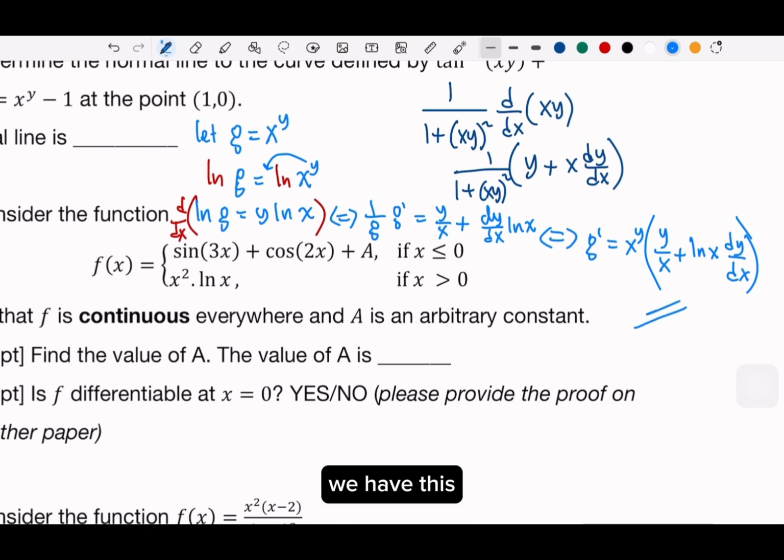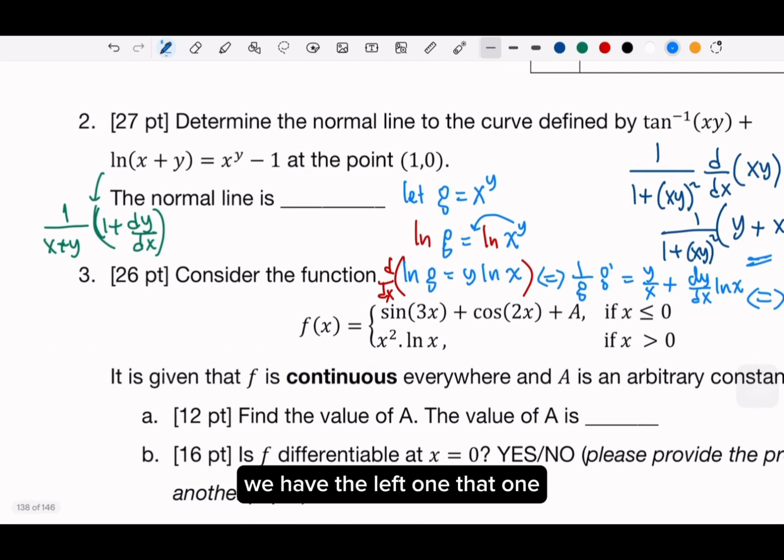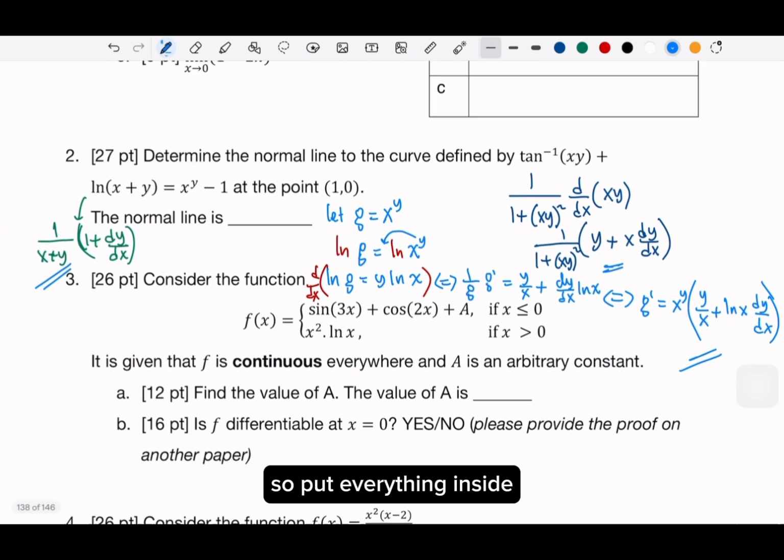So we have this, we have this, we have the left one there, that one. Okay. So put everything inside.